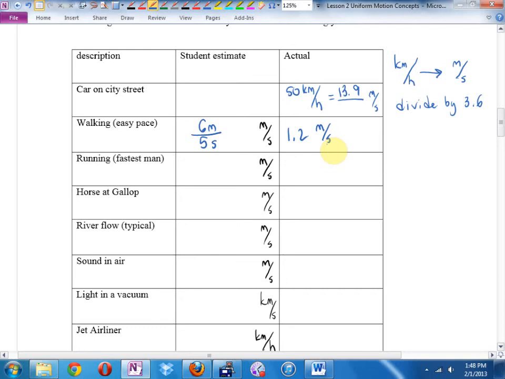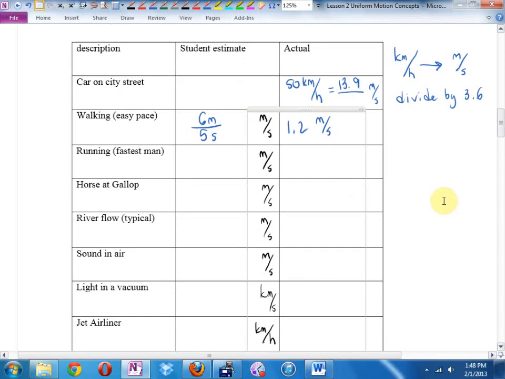Okay? Running, fastest man. How fast in meters per second? Who is currently the fastest human in history? How far does he run? The one I showed you, but what's his standard one?